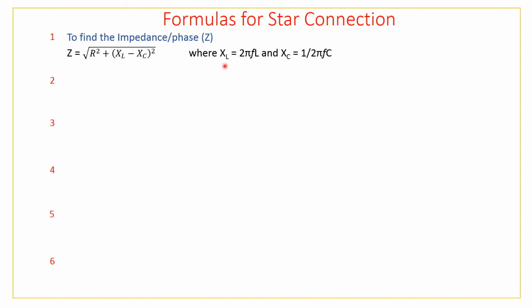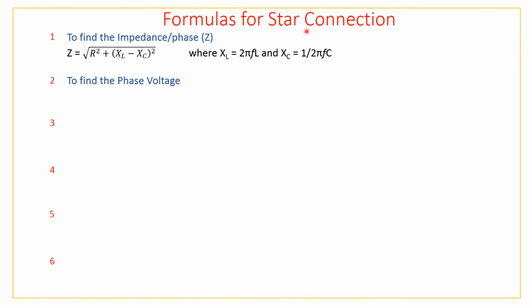So here XL is equal to 2 pi FL and XC is equal to 1 by 2 pi FC. So suppose if XC is not given, then we must consider only XL. So at that time Z will be equal to root of R square plus XL square. Remember this.